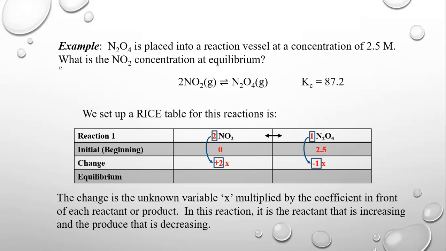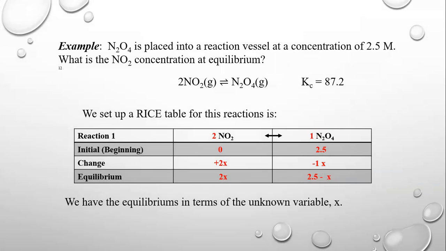And since N2O4 is going to be decreasing in concentration, it's a -1. And since NO2 in this particular reaction is going to be increasing in concentration, it's +2. So the change is the unknown variable x multiplied by the coefficient in front of each reactant or product. In this reaction, it is the reactant that is increasing and the product that is decreasing.